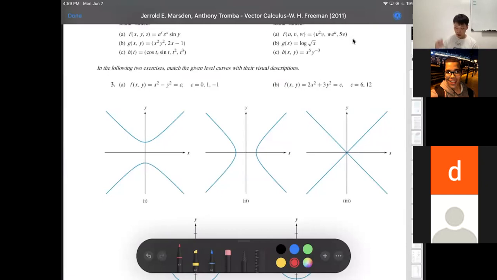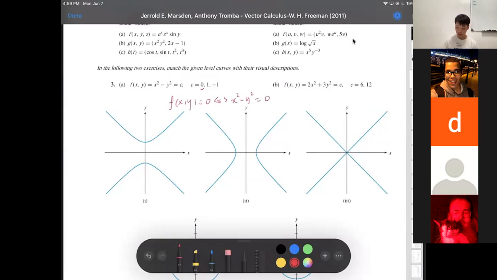Now we look at the level curves for f when the value of f equals 0. So this is the same as the points (x, y) such that x squared minus y squared equals 0. That's the definition of f. It's the same as saying that x squared equals y squared, which means that the absolute value of x equals the absolute value of y.